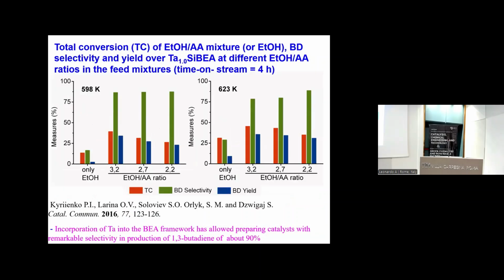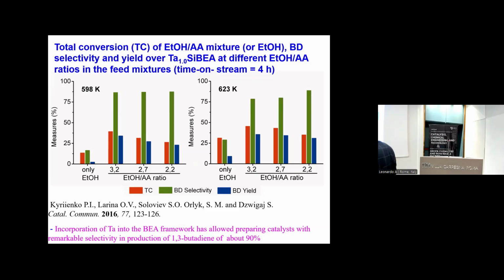So here we can see the result of the reaction, the total conversion of ethanol and acetaldehyde mixture. In this case, we form butadiene, and we can see that the selectivity to butadiene is relatively high.